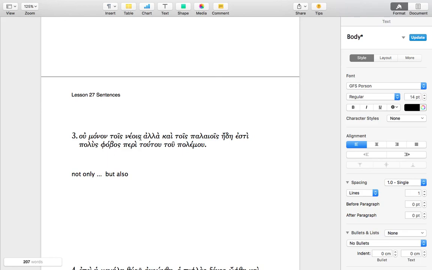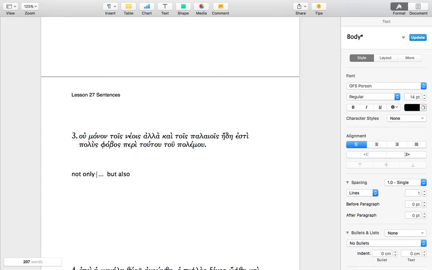Now we have not only tois neois, to the young ones. Now, neos is an adjective, so it's a substantive here, right? It's not modifying any nouns, it's just standing on its own, so it's a substantive. So, neos means young or new. As a substantive, it can mean to the young ones.